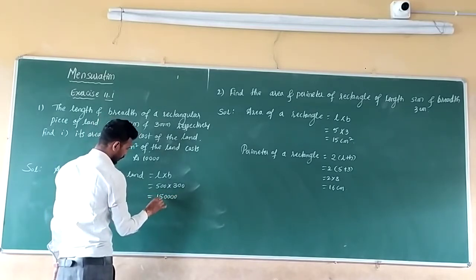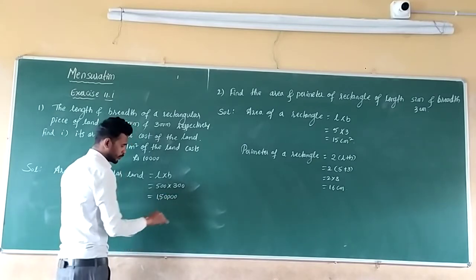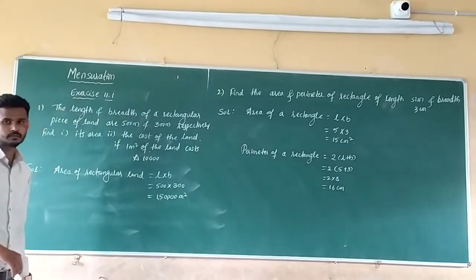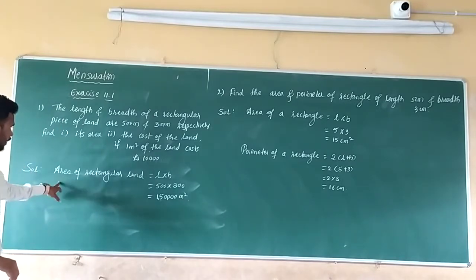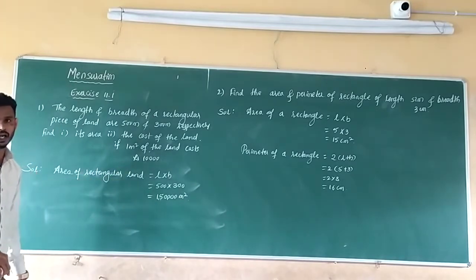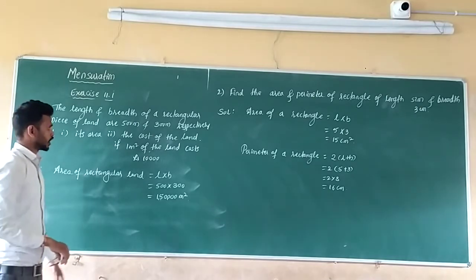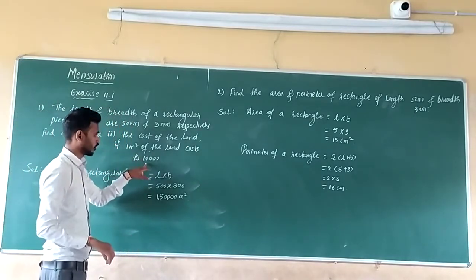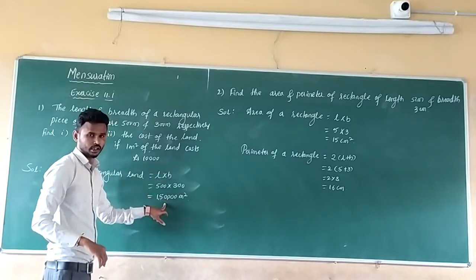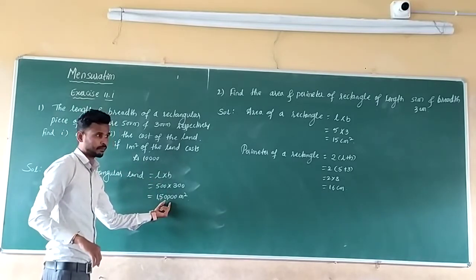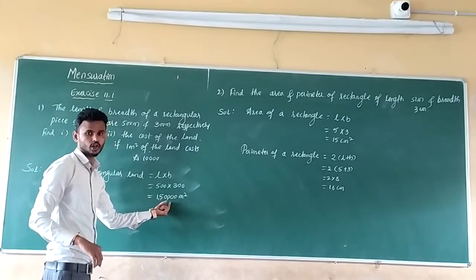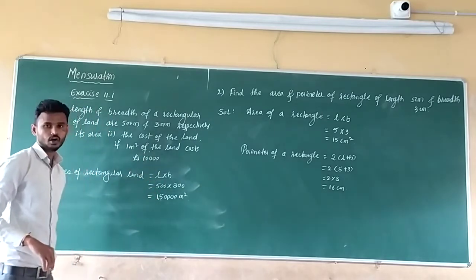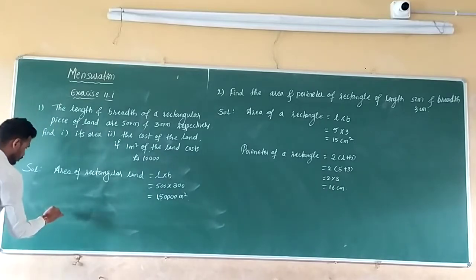You will get 1,50,000 meter square. This is the area of the rectangular land. Now we need to find the cost. They are given that 1 meter square costs rupees 10,000. Then 1,50,000 meter square will cost how much? Just multiply this total area by the cost. Therefore, second one.